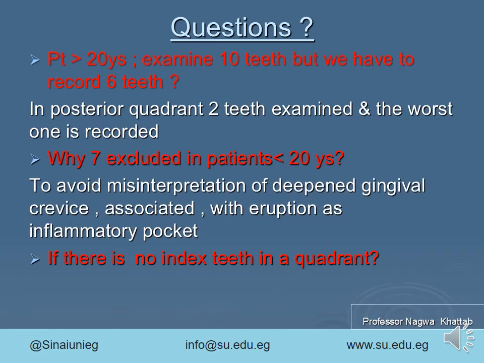Why do we exclude 7 in a patient below 20 years? To avoid misinterpretation of the deepened gingival crevices usually associated with tooth eruption as an inflammatory pocket. The 7 erupts at these ages, not at age 20, that's okay, but at 15 or so, 12, 13, 15, it may be delayed. There is always some sort of gingival inflammation associated with the eruption, so this could give me a pseudo pocket and people make a wrong interpretation of it as a pathological pocket.